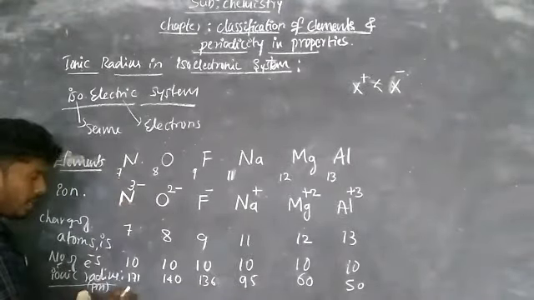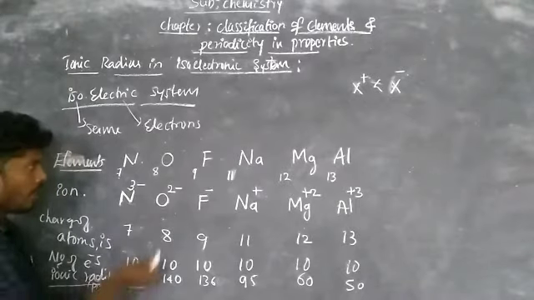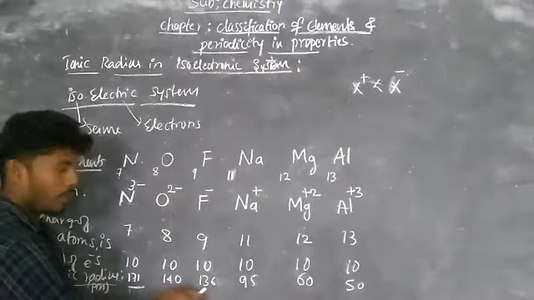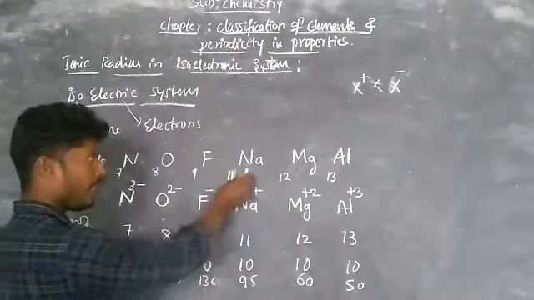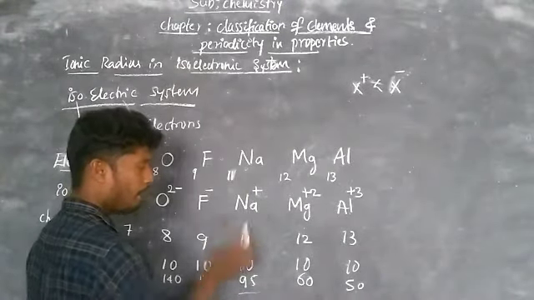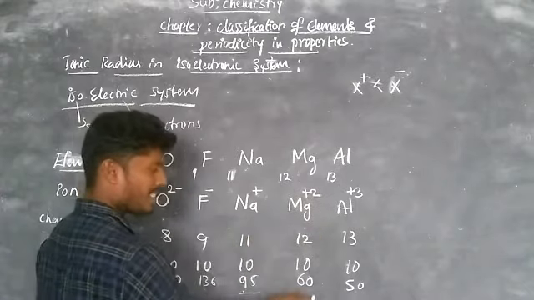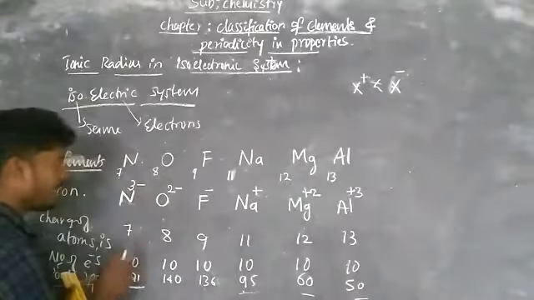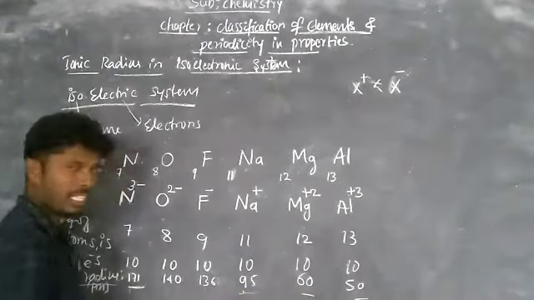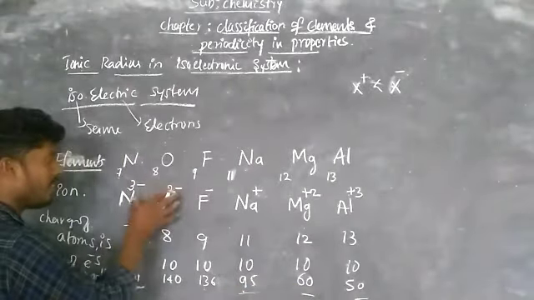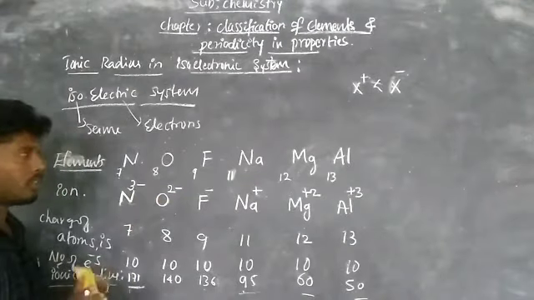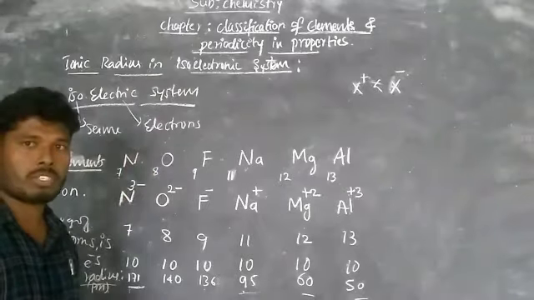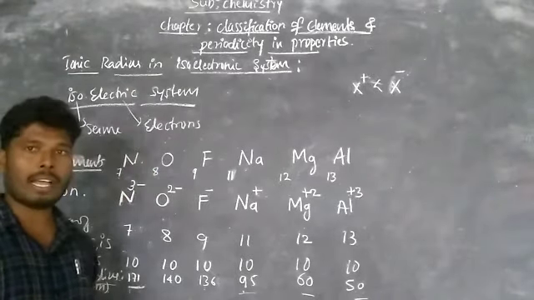For nitrogen it is 171 picometers, for oxygen 140 picometers, and for fluorine 136 picometers. Then for sodium the radius is 95 picometers, and magnesium 65, decreasing further. So the cation always has a smaller ionic radius than the anion. This is the variation of ionic radii in isoelectronic systems. Then the next concept is electronegativity.